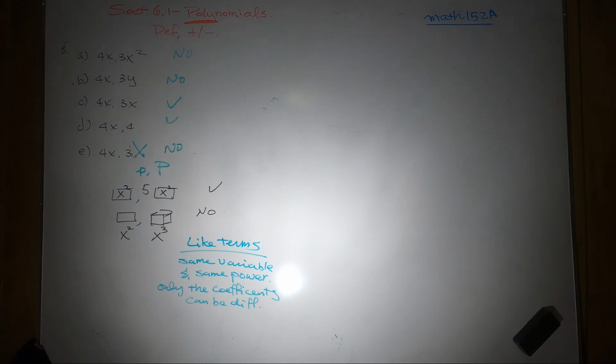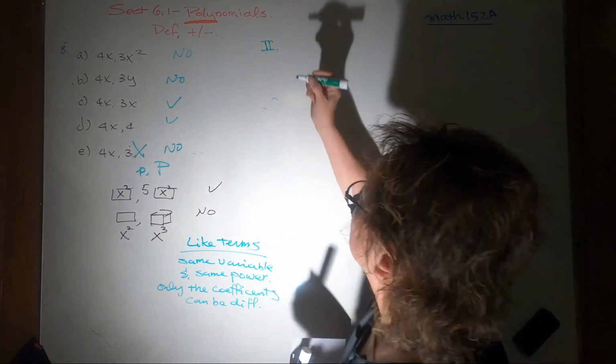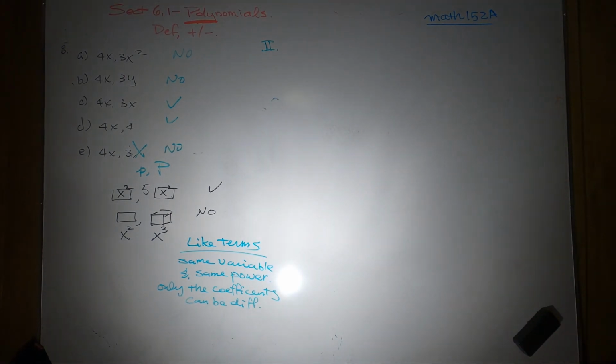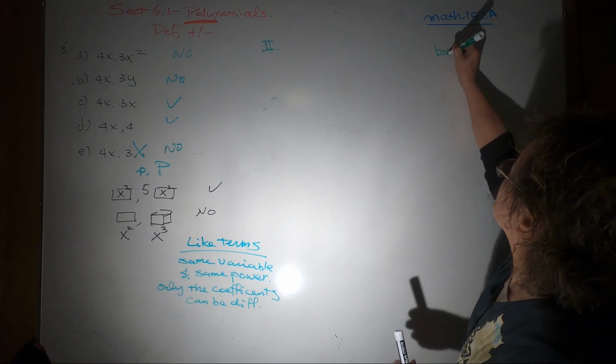So we just explained what polynomials are, right? Now, what are we going to do with polynomials? Just like with your numbers, we are going to learn the basic skills.